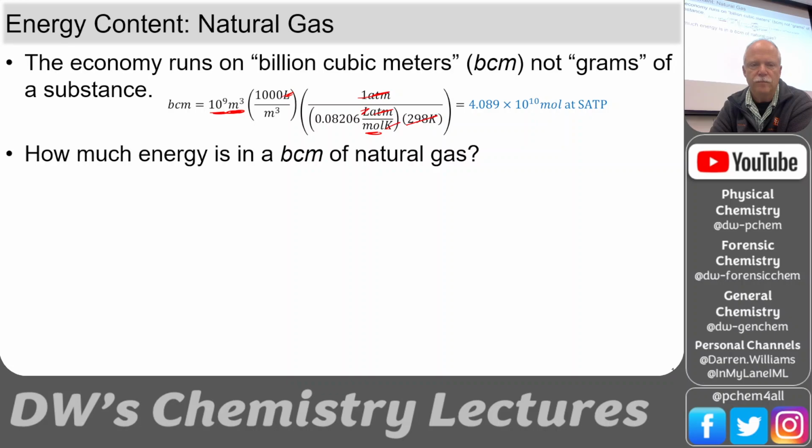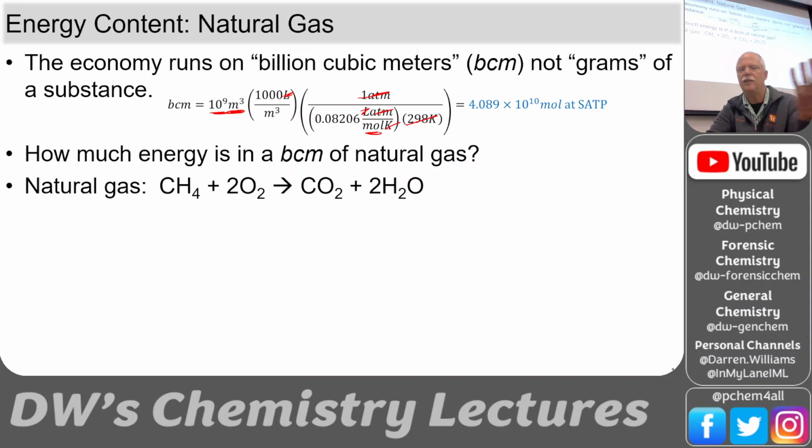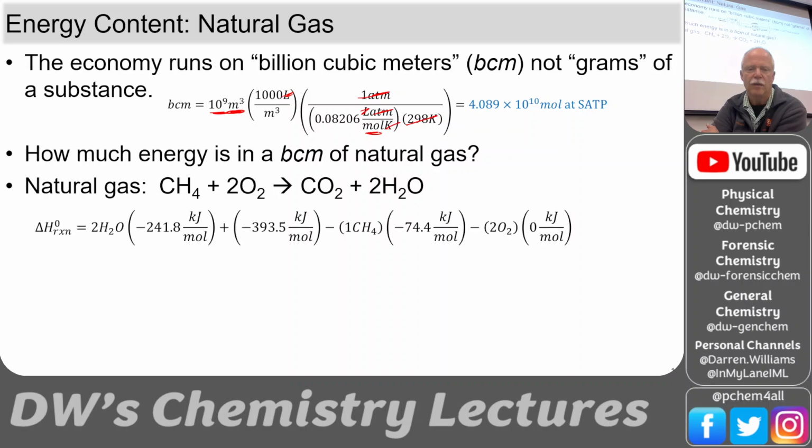So that's a lot. How much energy is in a billion cubic meters? So let's just use our combustion enthalpy of methane. You guys can do this. Y'all did this for the combustion experiment. Products minus reactants, right? We've got 2 waters. We can look up in the enthalpy tables what the enthalpy of formation is for water, and for CO2, we've got 1 CO2.